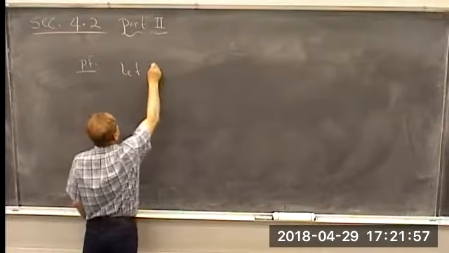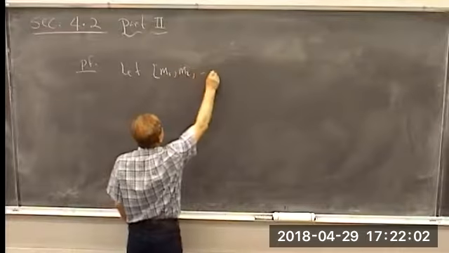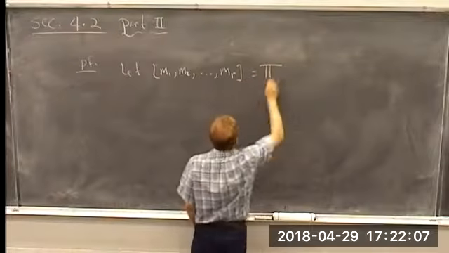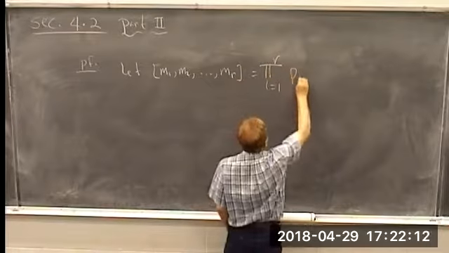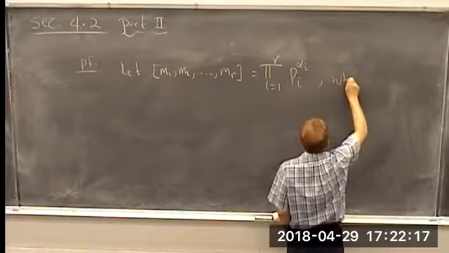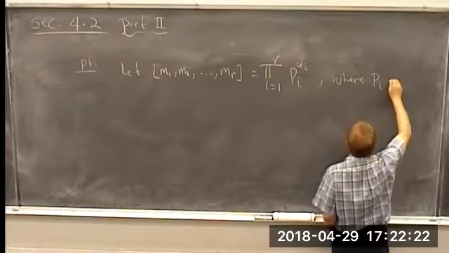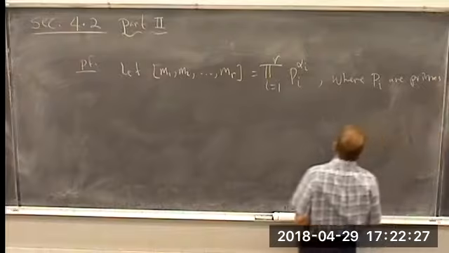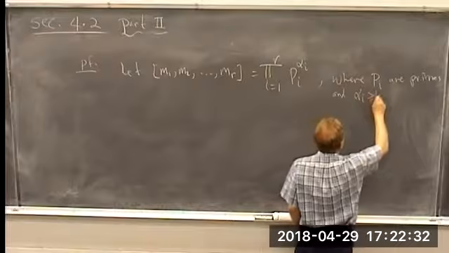Let the least common multiple of M1, M2 up to Ml equal the product for i from 1 to r of p_i to the alpha_i, where the p_i are primes and alpha_i is bigger than or equal to 1.